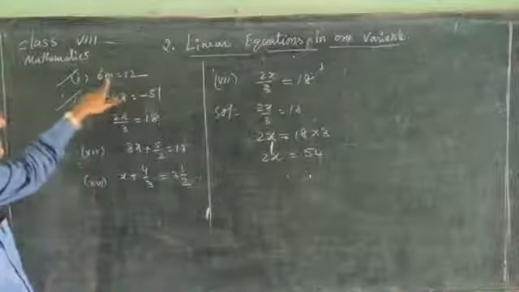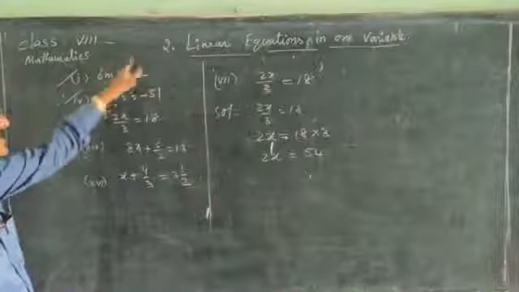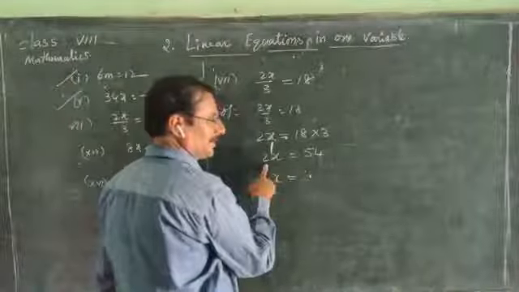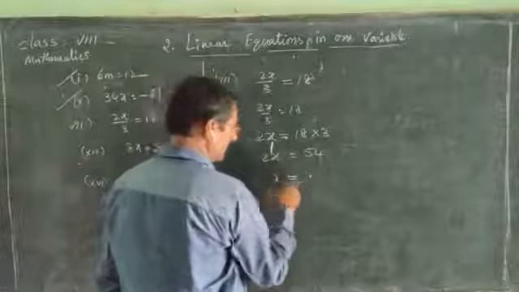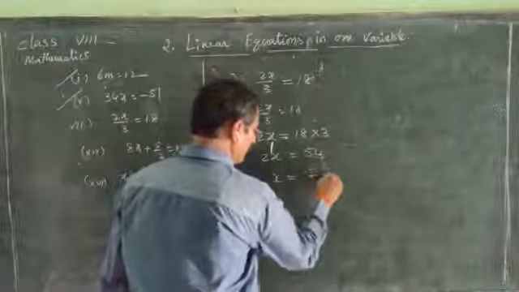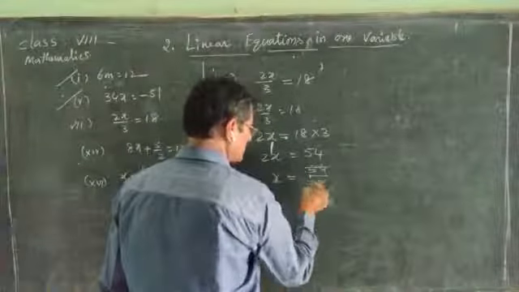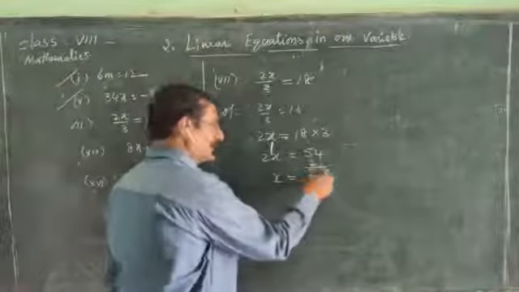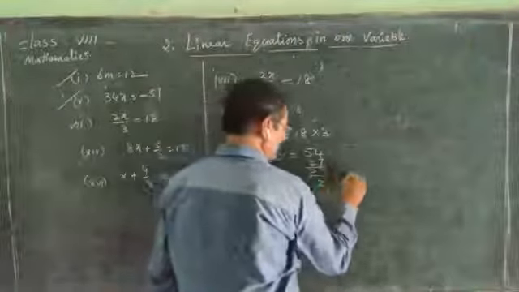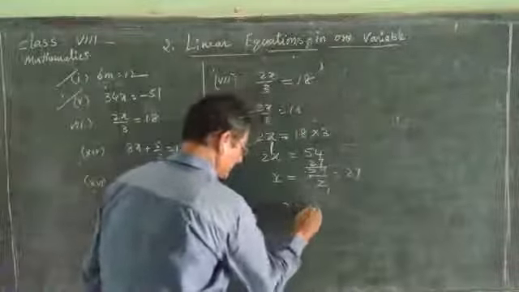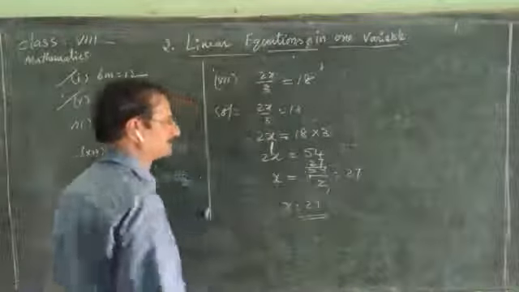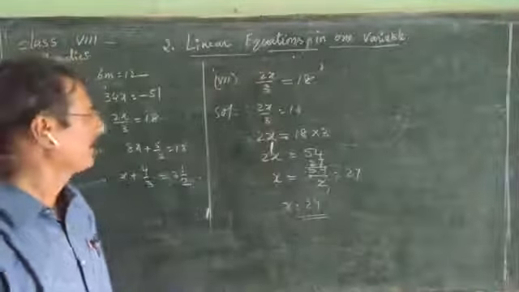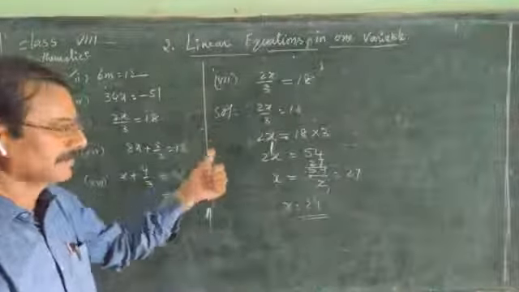Then x equal to, send this multiplication quantity, 2x means 2 into x, it becomes division, 54 by 2. 2 twos are 4, remaining 1, 14, 7, 14. 27. x equal to 27. Do you understand this one? Okay. You observe it once.